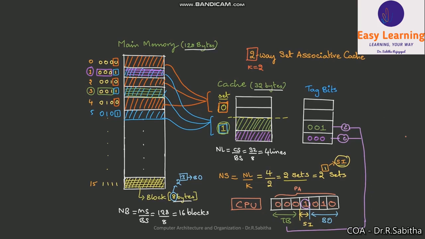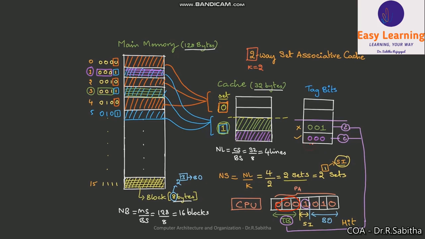So this tag 000 is compared first with 001 and then 000. The first is not a match. Next it will be compared with the next one, and it is a match, meaning there is a cache hit. So these 3 tag bits are compared and we have found a hit.